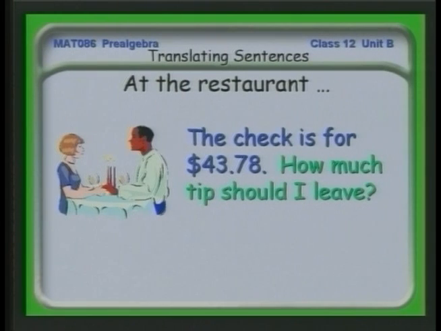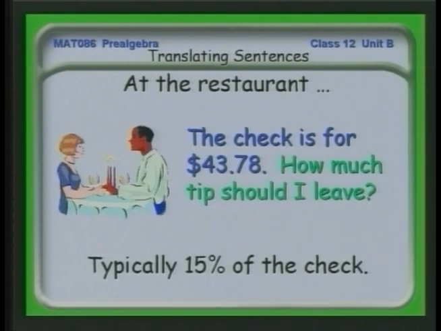Now, you may not carry a calculator with you, and this is such a useful idea that let me show you a shortcut that I learned to calculate tips at a restaurant. Here's a typical situation where at the restaurant I get a check for $43.78, and what I need to know is how much of a tip should I leave?